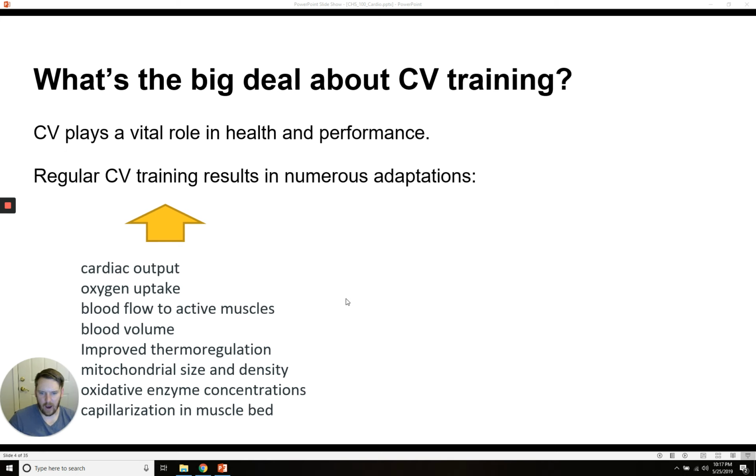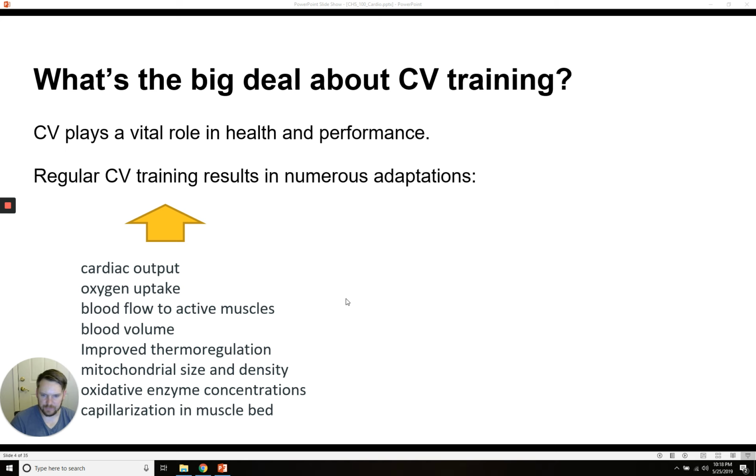So cardiac output, this is the amount of blood that's being pumped out by the heart. Cardiac output is basically a result of heart rate and stroke volume. So stroke volume being the amount of blood that's ejected per beat, times the number of times that the heart is beating per minute.